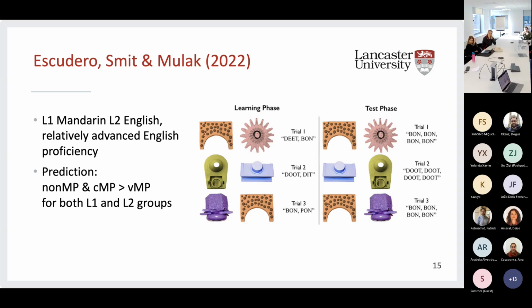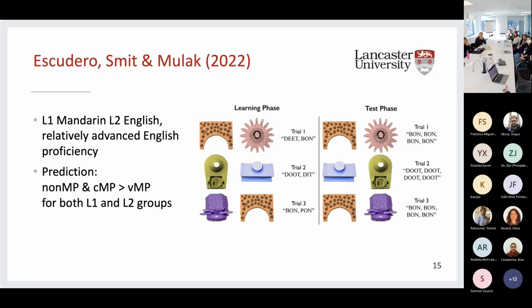And for the L2 group, they should also perform a little bit lower at the vowel minimal pairs compared to non-minimal and consonant minimal pairs. And this is because of the L1, L2 phoneme inventory. So in Mandarin and English, the vowels should pose a greater difficulty because, like I said, the E and I and U contrasts don't exist in Mandarin. So they predicted that vowels should be harder.